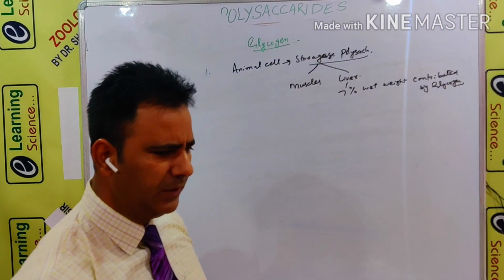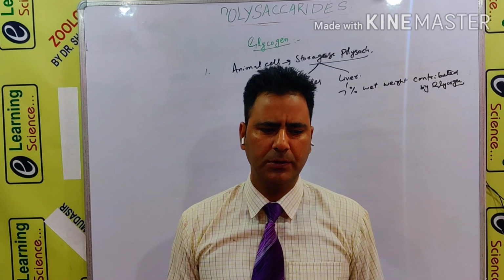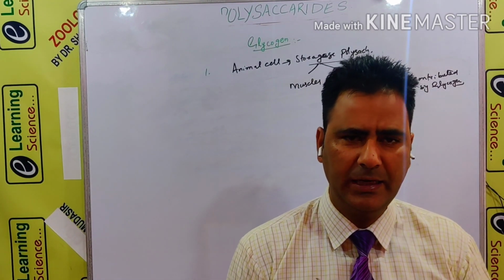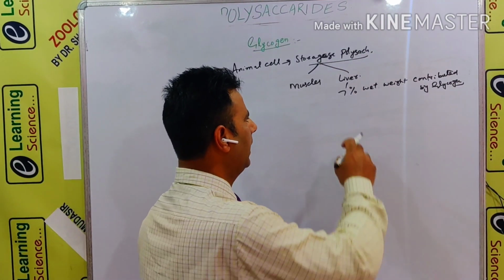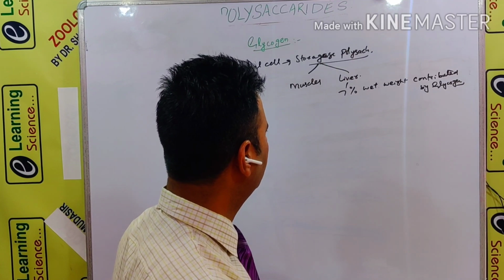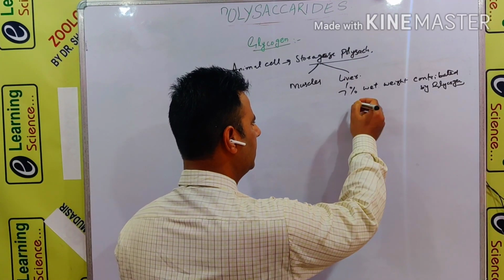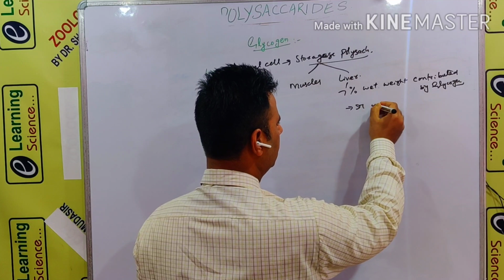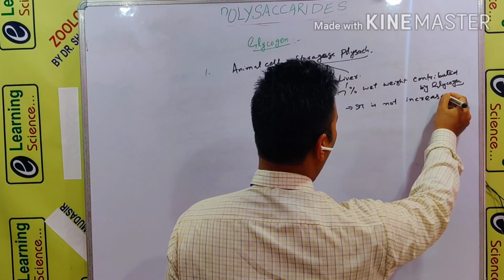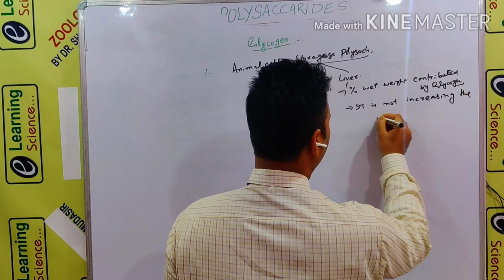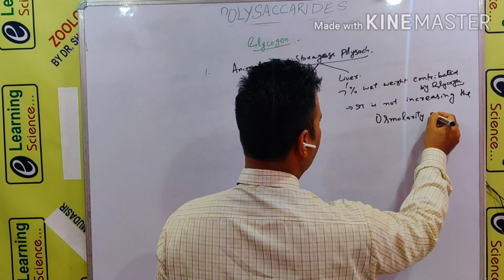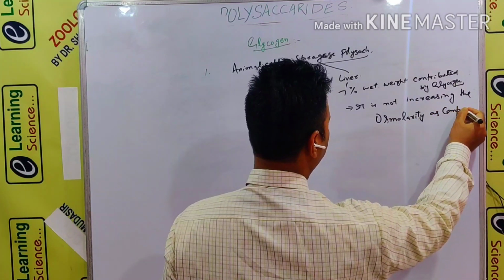So, liver is the main storehouse of this glycogen. The question is why the liver is storing glycogen, not glucose. The reason for storing glycogen as the principal storage sugar in the liver is that it is not increasing the osmolarity as compared to glucose.